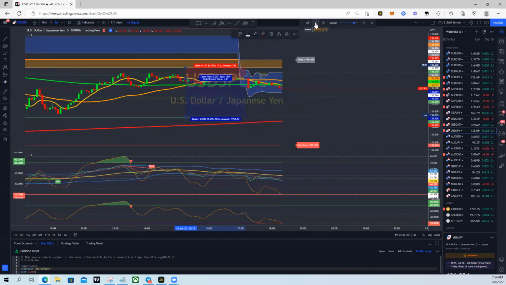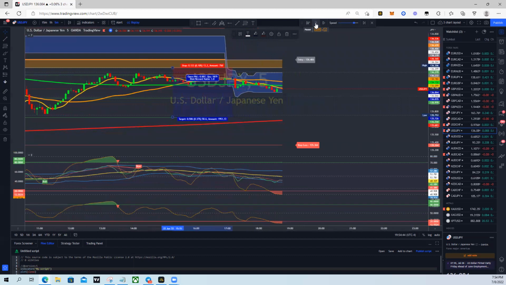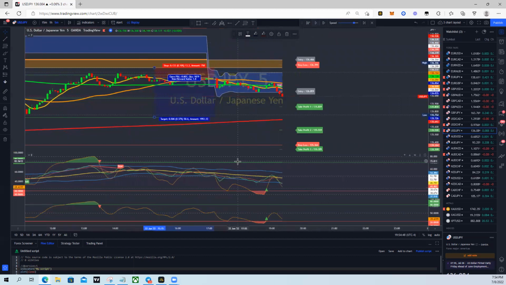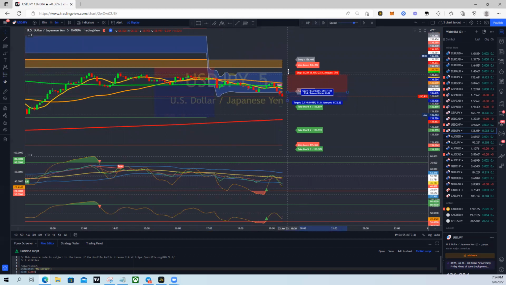See if we can get another signal from the new zone. Here we go. We got another sell coming in. So I'll take the sell, stop loss above the zone, take profit right here. So now we've got two sells.